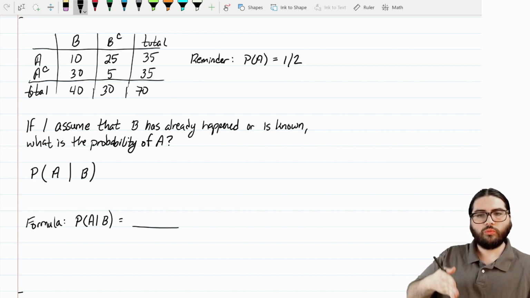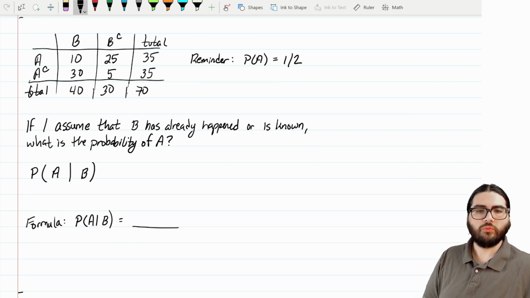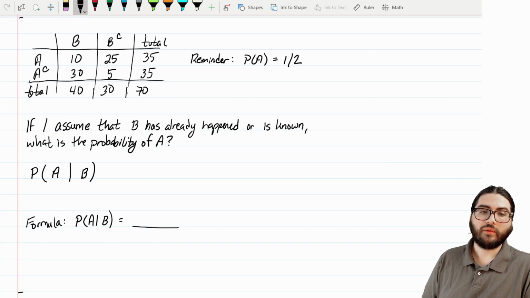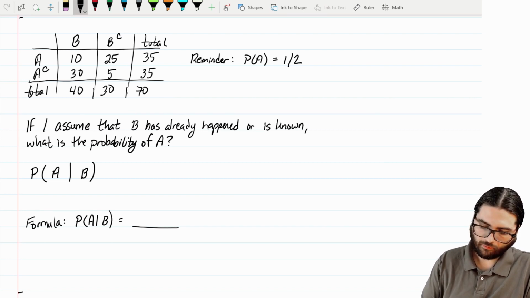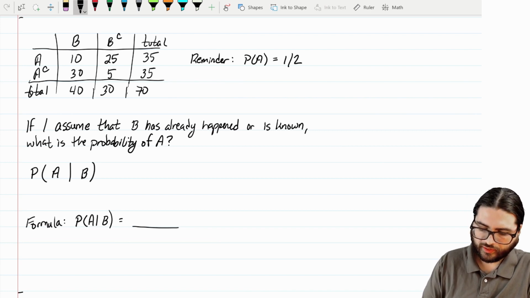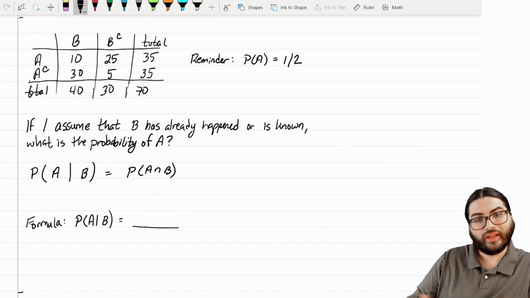That's a vertical bar, and that's my symbol for conditional probability. So that says, what's the probability of A given that I'm already in group B? Well, if I'm in group A and I'm already in group B, then I must need to know this probability, the one that we talked about before, A intersection B.